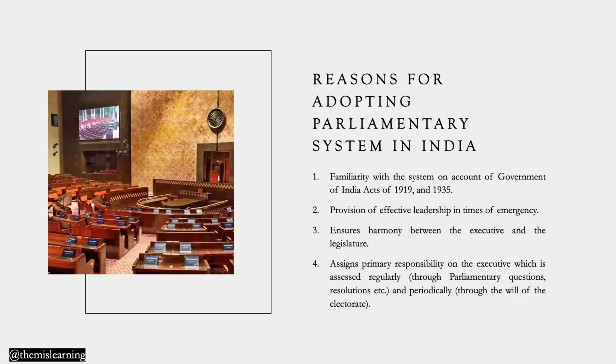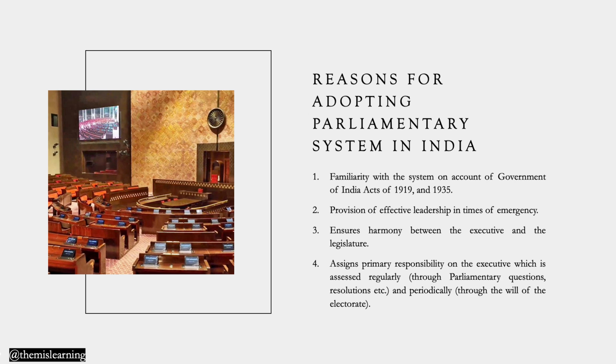Now, why did India adopt the parliamentary system? See, we had a familiarity with the system because of the Government of India Acts of 1919 and 1935. Secondly, there was provision of effective leadership in times of emergency, which is possible in the parliamentary form of government. Thirdly, we've tried to ensure harmony between the executive and the legislature.